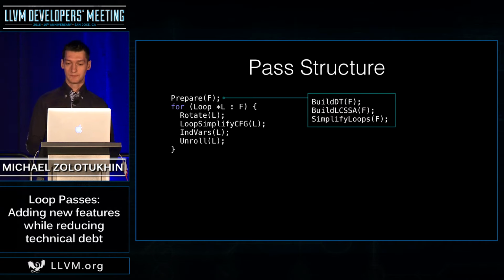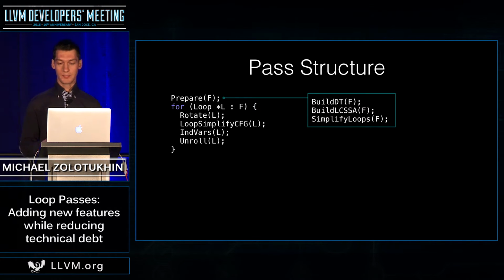So what do we do there? We start from computing the dominance tree. This is required for detecting loops in our control flow graph. Then we convert these loops to a special form, which is more suitable for loop analysis and transformations. And we do this in 2 steps. First, we convert it to so-called LCSSA form.